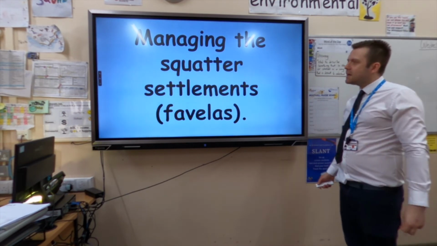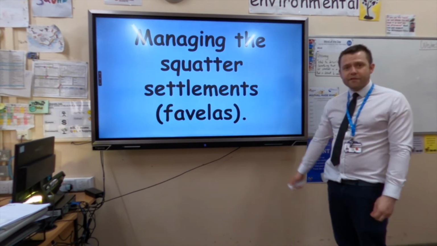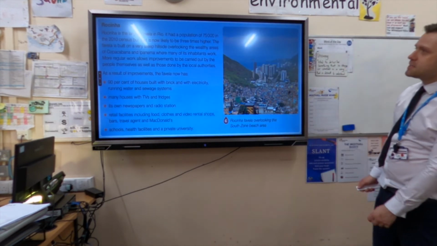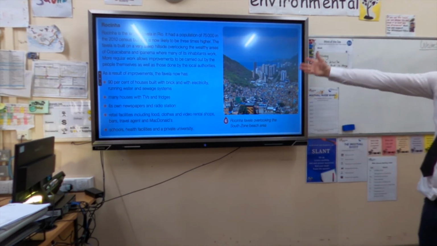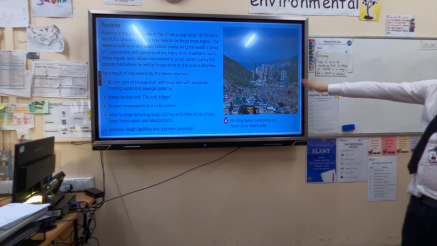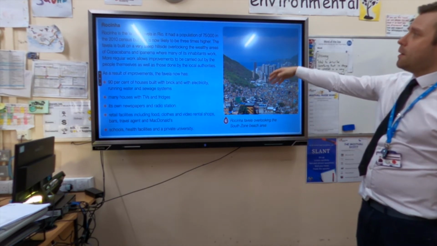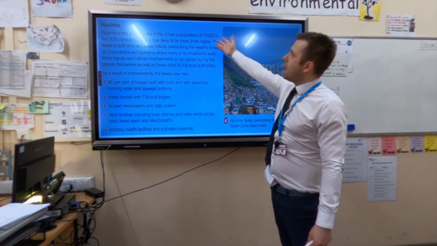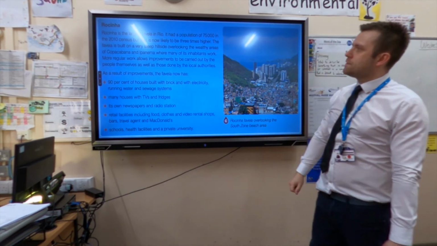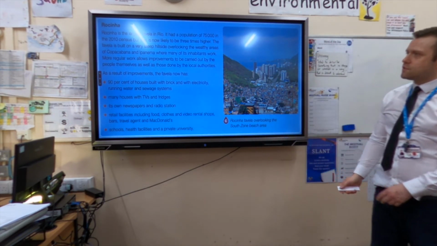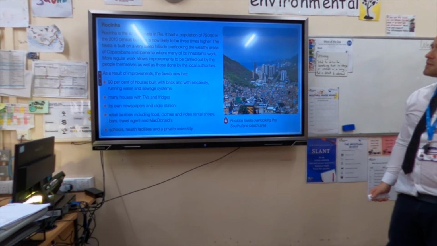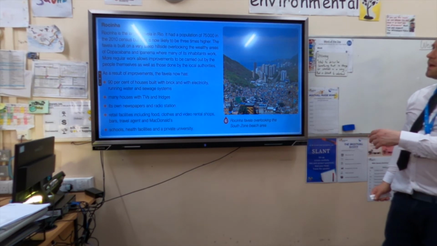Okay, how do we manage the squatter settlements or the favelas, which is South American for shantytown? Now, you can pause now and read this slide, but ultimately this is about Rocinha, and it's got an official population of 75,000 according to the 2010 census data.